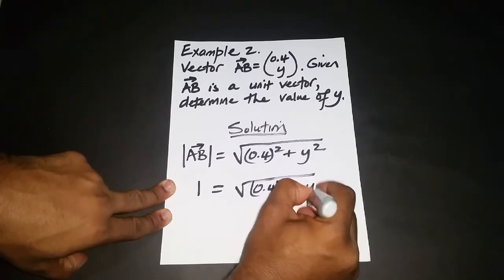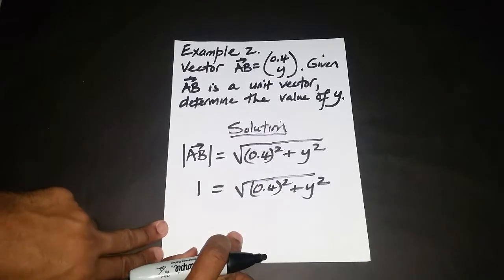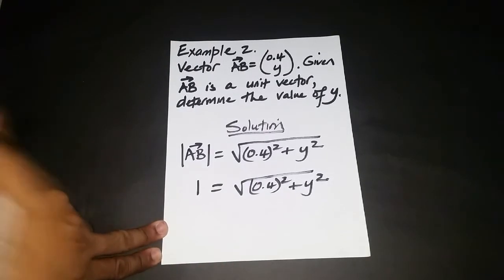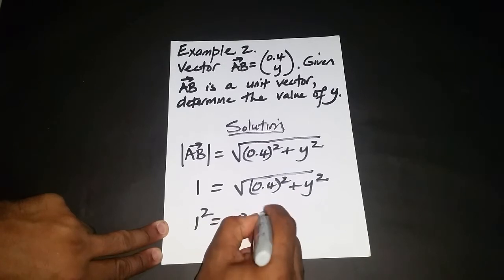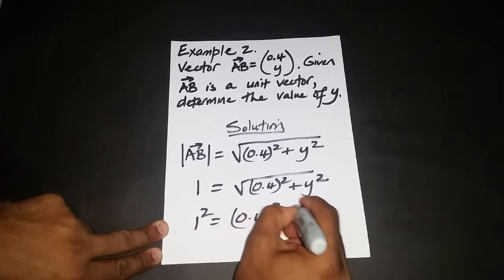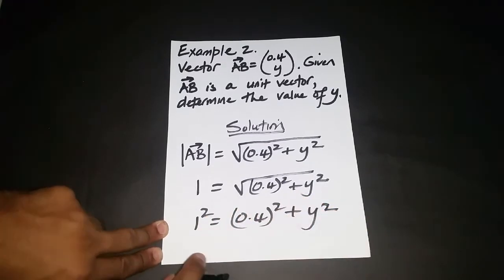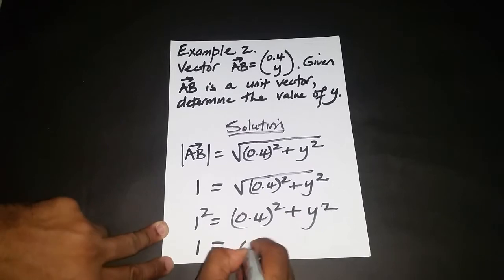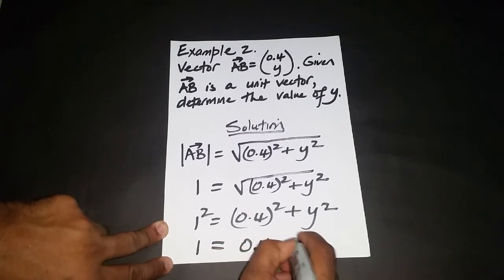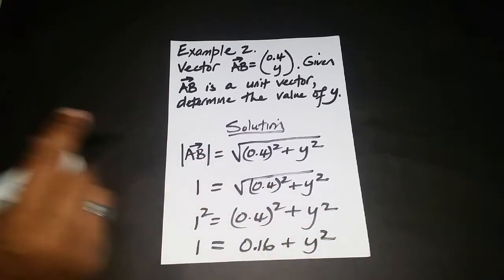To get rid of the square root symbol, we're going to square both sides. Again, we're going to end up with this. So far, so good. And of course, 1 squared is 1, and 0.4 squared is 0.16, plus y squared.